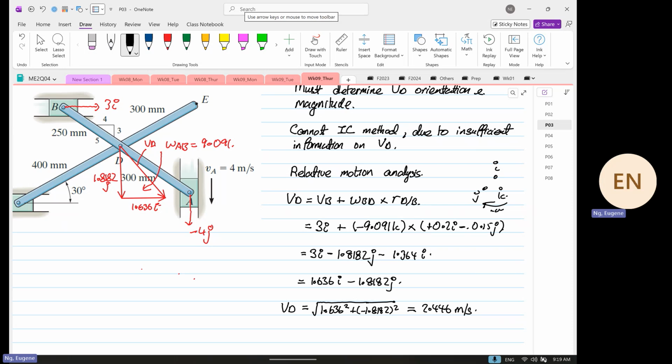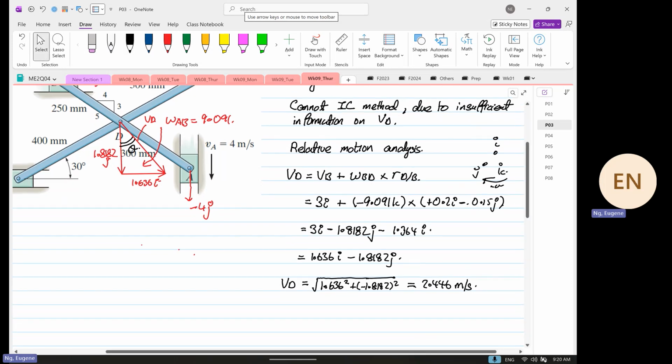Okay. So the next thing we would like to find is this angle over here, which I'm going to call theta. We know the magnitude. Next, we need to know the orientation.